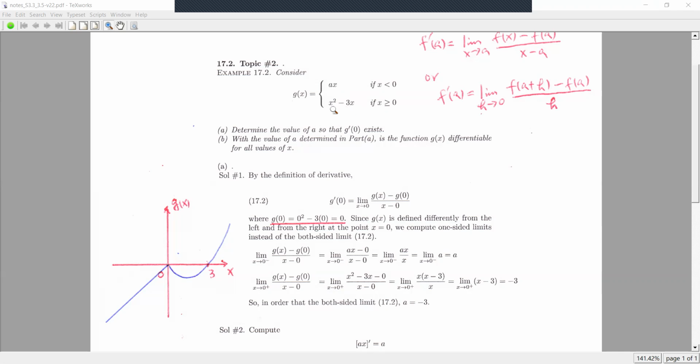When x is 3, 3 squared minus 3 times 3 is 0. This parabola also passes through this point. Because the leading coefficient is positive, this parabola is open upward. So this curve is the graph of this polynomial. Now, I answer these two questions.